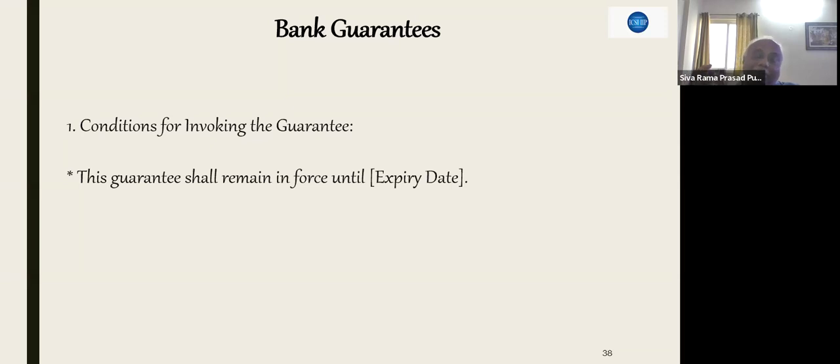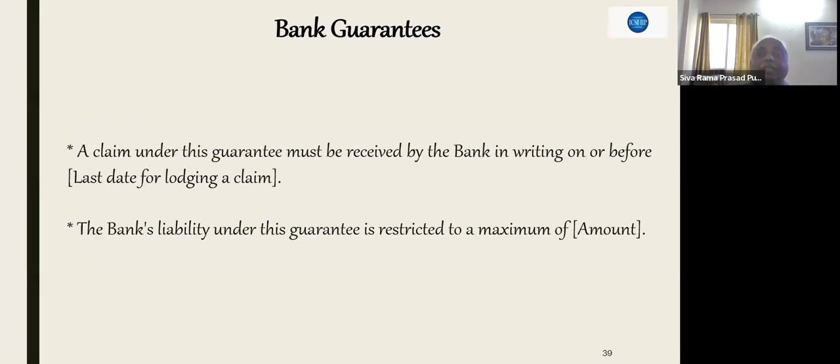I have to honor that one, if during that claim period they invoke a claim under this guarantee. The claim must be received by the bank in writing on or before the last date of lodging of the claim. If a claim period is there, that also I have to take into consideration.